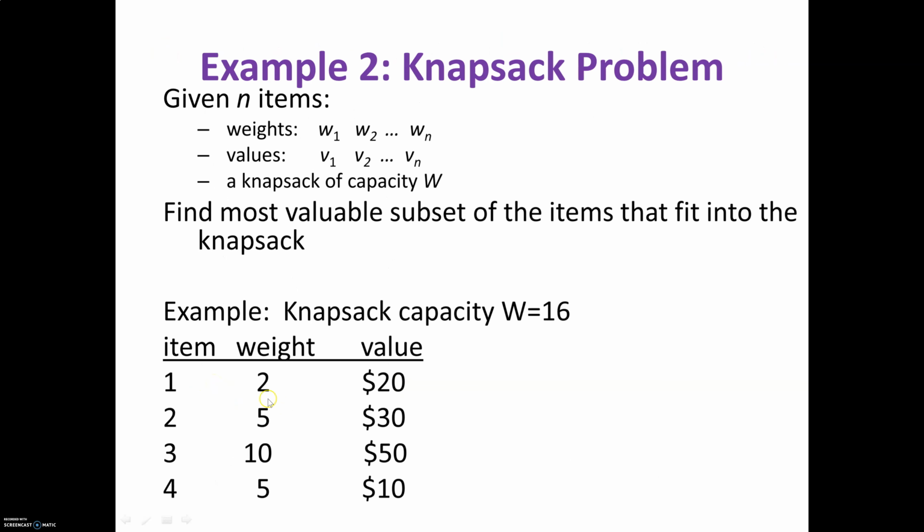If you consider 1, 2, 3, it is 2 plus 5, that is 7, plus 10, 17. 17 cannot be fitted into a knapsack with capacity 16.